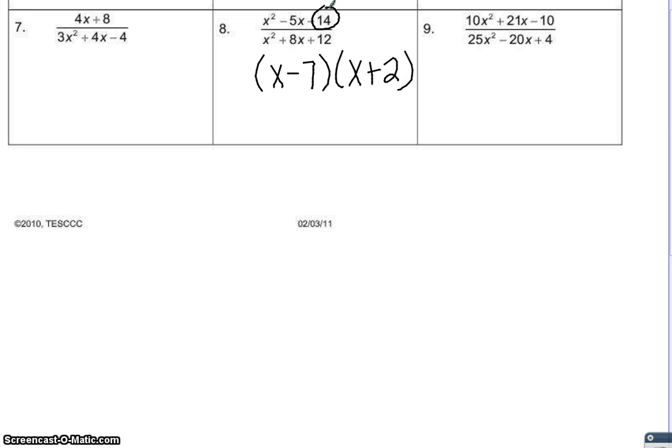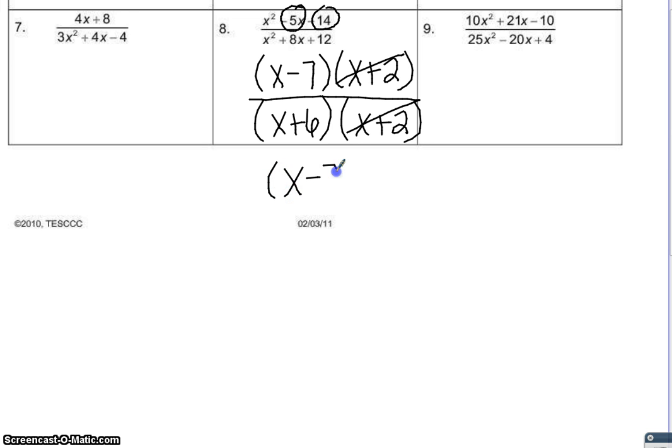And then negative 7 plus 2 is a negative 5. Okay, same thing on the denominator. I have x squared plus 8x plus 12. So here I'm going to have x plus 6 and x plus 2. My x plus 2's cancel, and I'm left with x minus 7 over x plus 6.